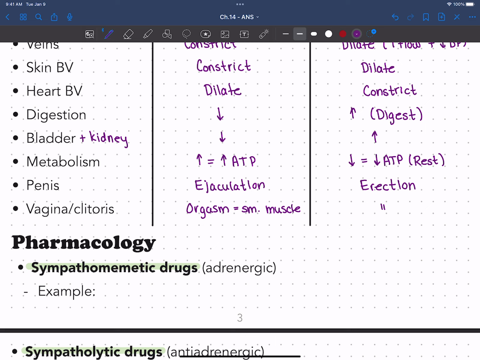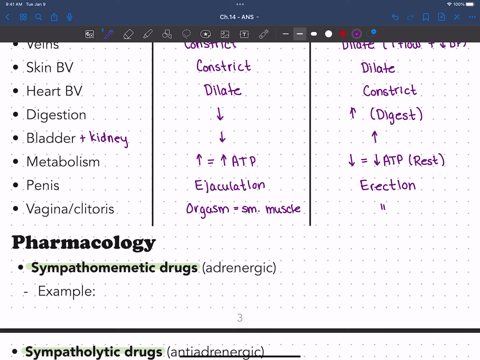Okay. All right, so our last topic for this chapter is pharmacology. And so we're going to take what we just learned with all of these different functions of the autonomic nervous system, and we can apply that to medicine in the medical field and different clinical implications.